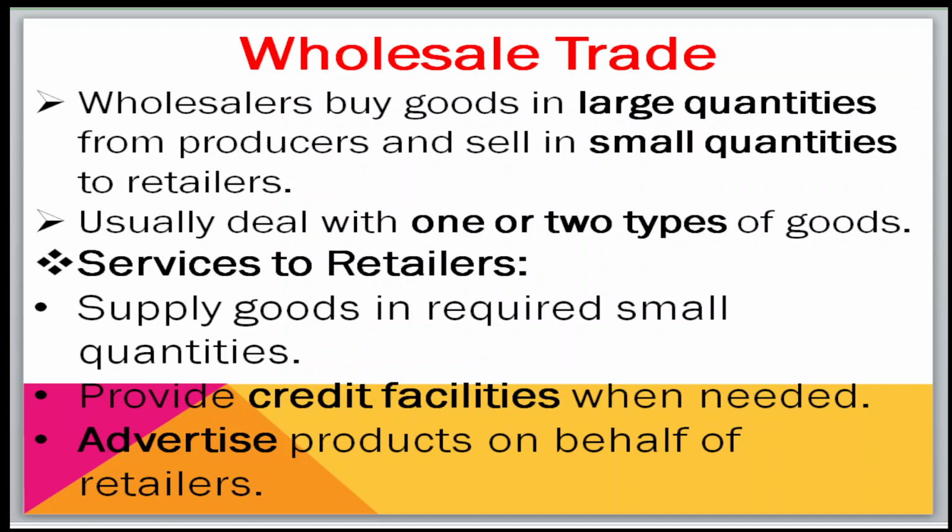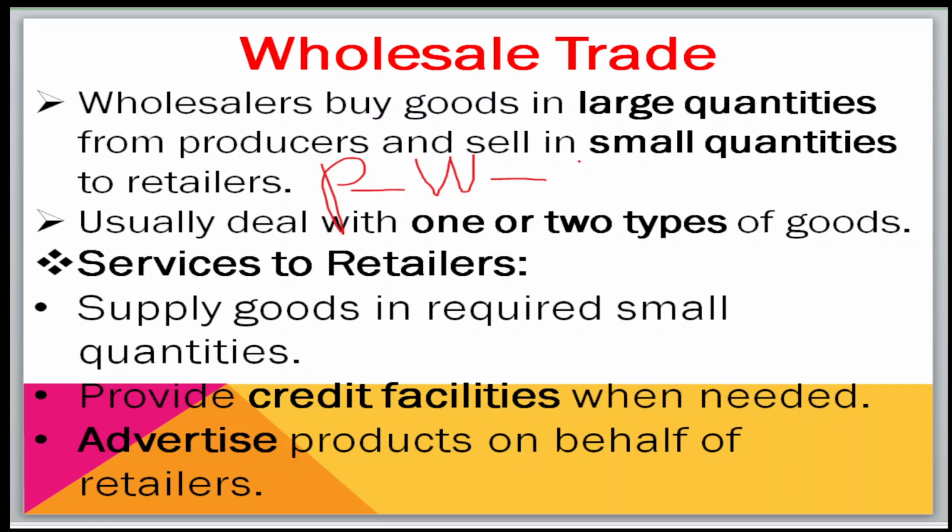Wholesalers buy goods in large quantities from producers and sell in small quantities to the retailers. So first, who is first? First is the producer. From the producer, next it is wholesalers.